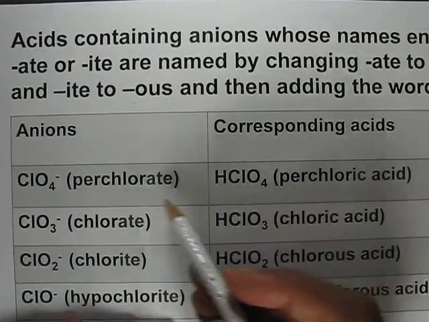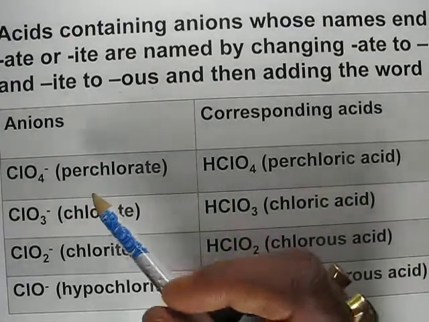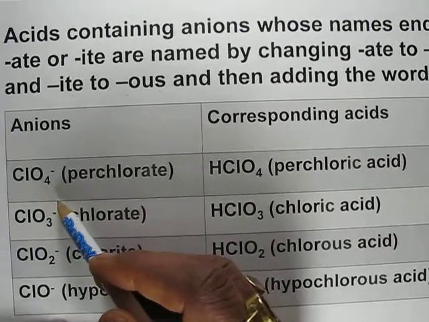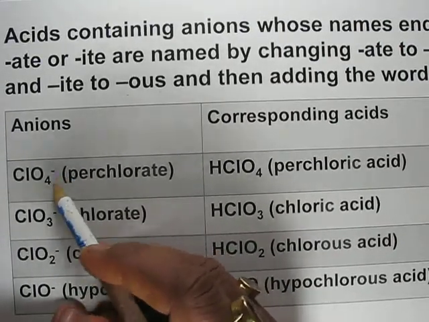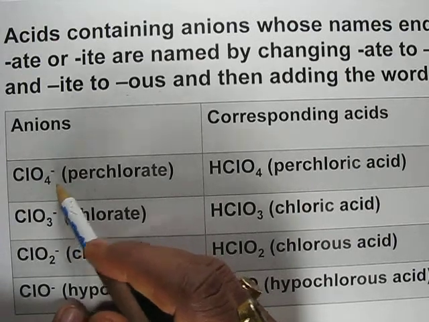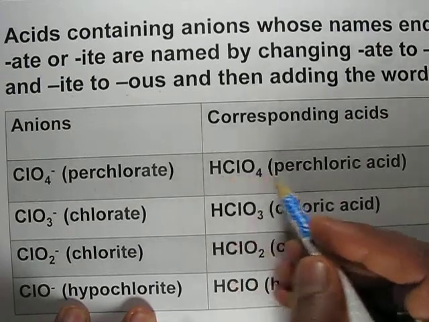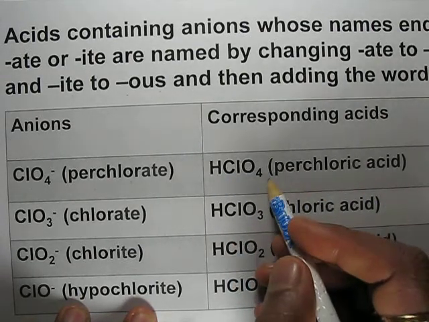So we have seen these anions, the chloro anions. With the perchlorate ion, where oxygen has 4 with the chlorine and it's a minus 1 negative ion, when we add 1 hydrogen, this will become perchloric acid. Here we are not adding hydro.